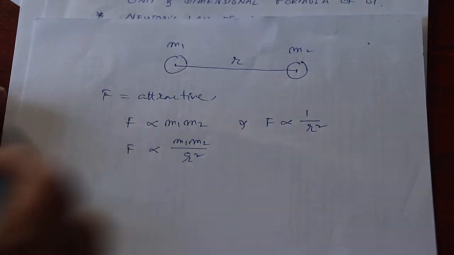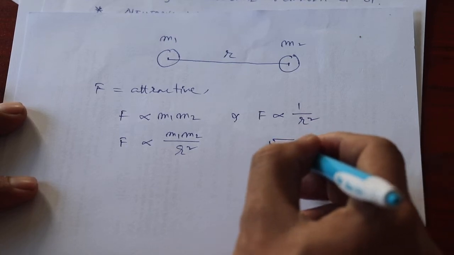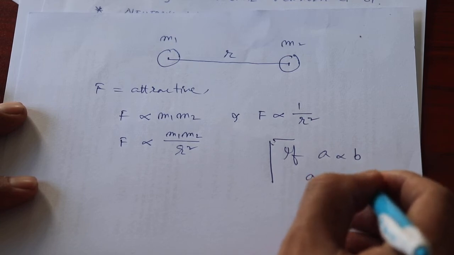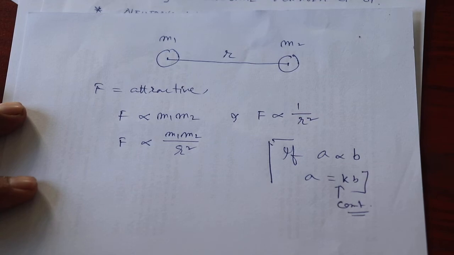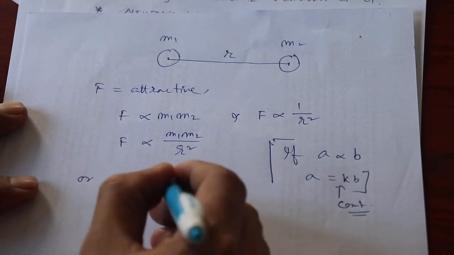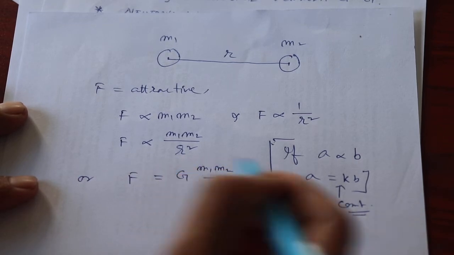All right. So we have to know that in the case of relations, if A varies directly with B, then A must be equal to a constant K times B, where K is known as a constant. There should always be a constant to verify the relation. So we're going to have another constant here: F is equal to Z M1 M2 divided by r square.